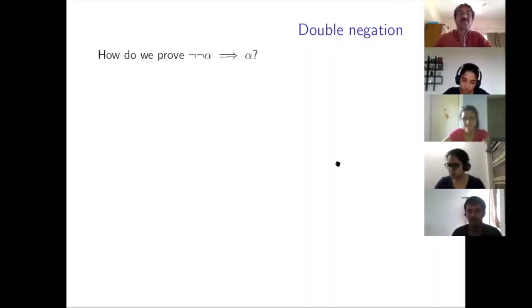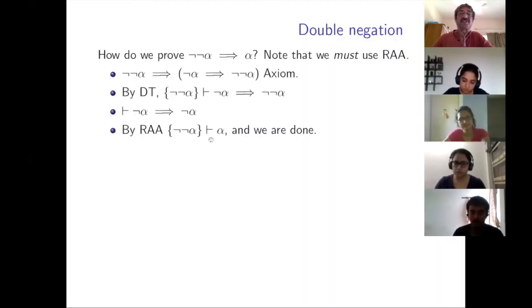And that's the proof. First, not alpha implies not alpha is an axiom. This is just axiom 1, where I have substituted not alpha. Not alpha already holds, implies, anything implies it, in particular not alpha. By deduction theorem, therefore, I can push it to the left.